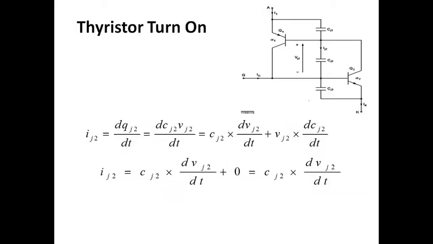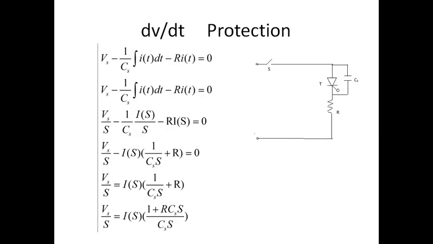So you just apply Kirchhoff's voltage law here. Here we are having the supply, and we need to find out the current which is flowing here. We should assume that this switch is closed. Whatever current, you apply Kirchhoff's law, and you assume the source value as Vs. So Vs minus 1 by Cs into integral of I dt, minus R into I of t.